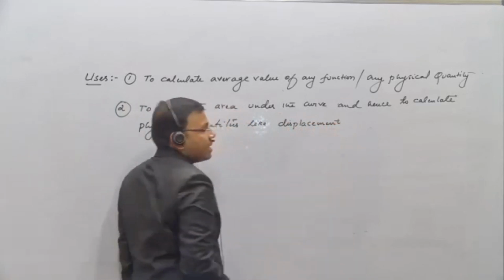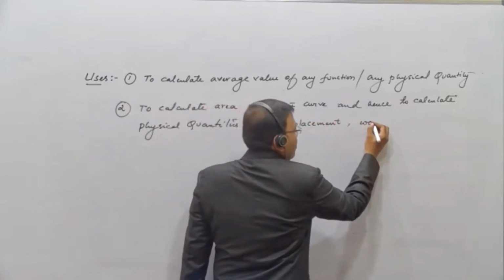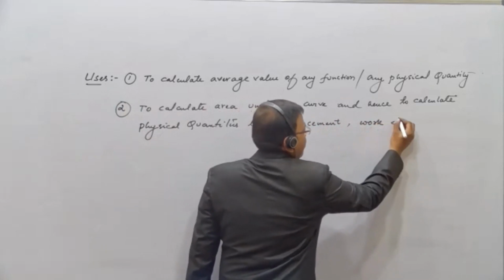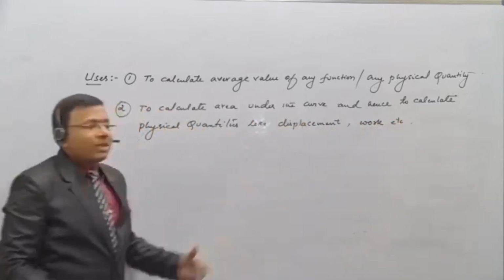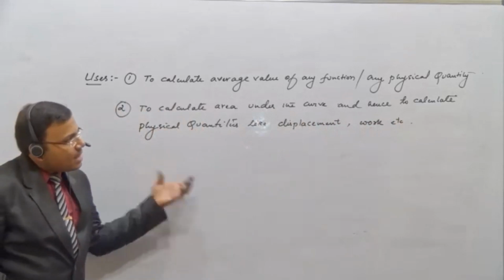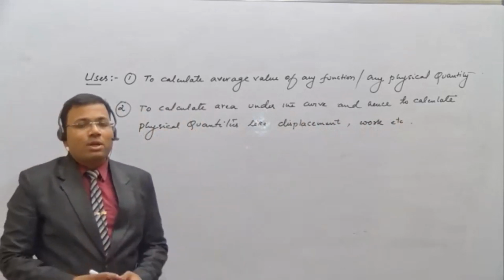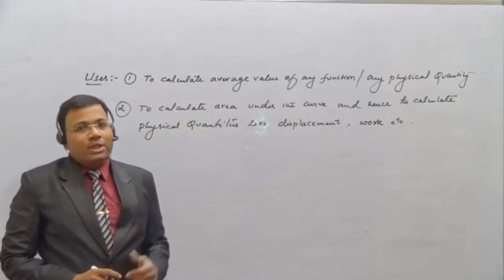We can calculate displacement, or we can calculate work also, the best example, etc. So when giving the example, let us take work itself. I'm going to discuss work now in detail.